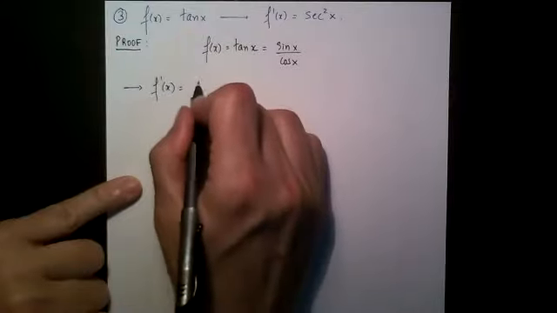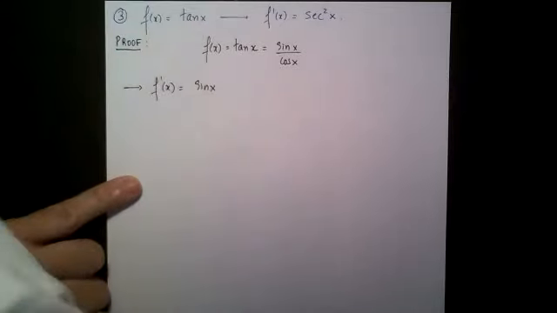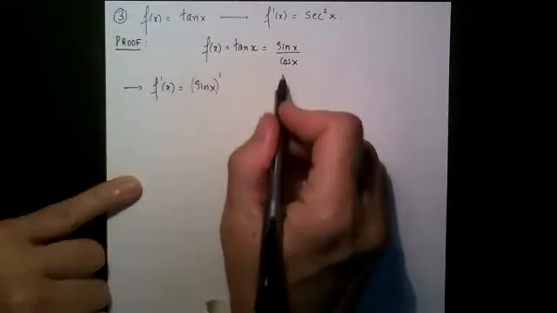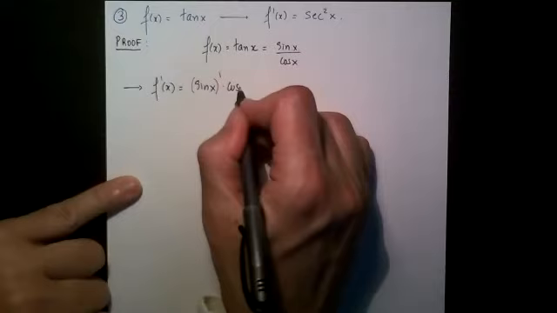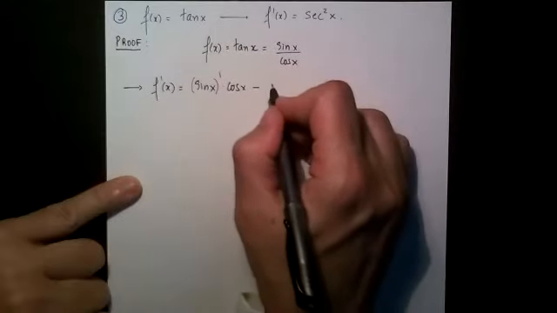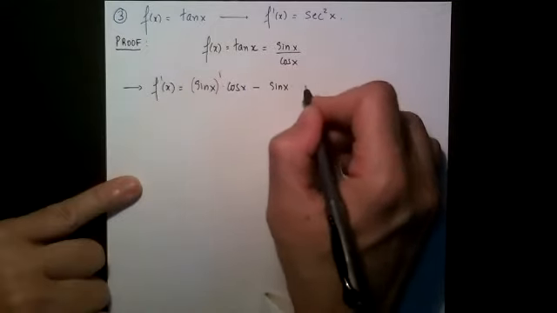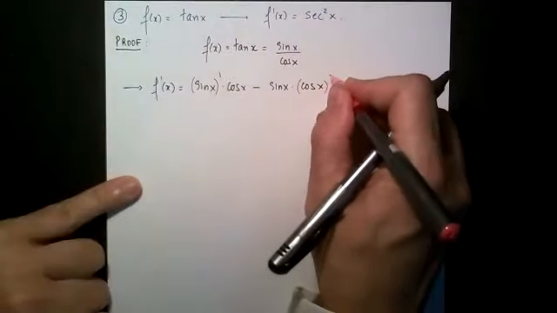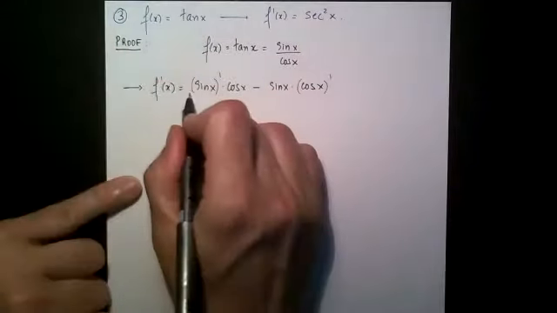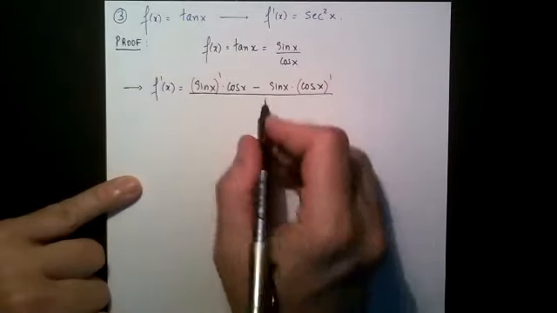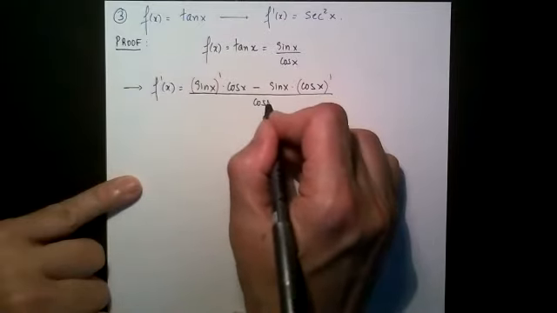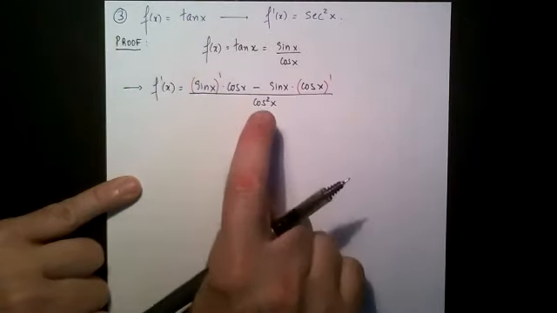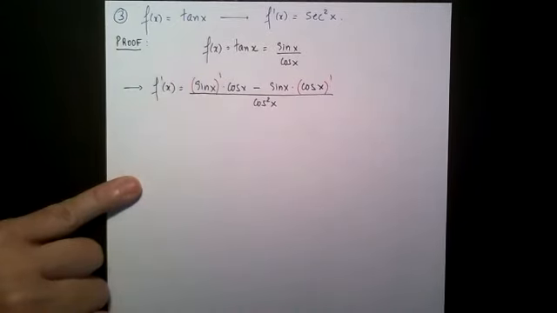Okay, so the derivative of the top times the bottom minus the top times the derivative of the bottom, right? That's how you use the quotient rule, and divided by the bottom squared. Any questions at this step?